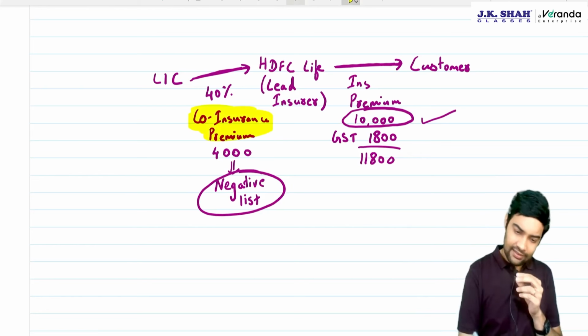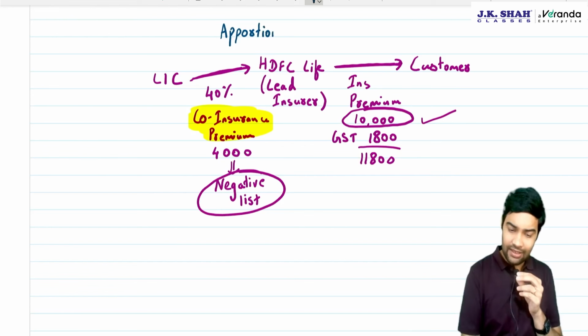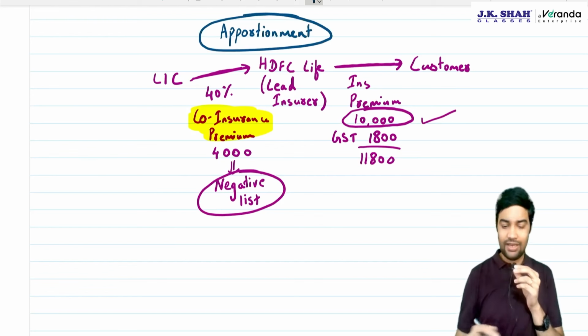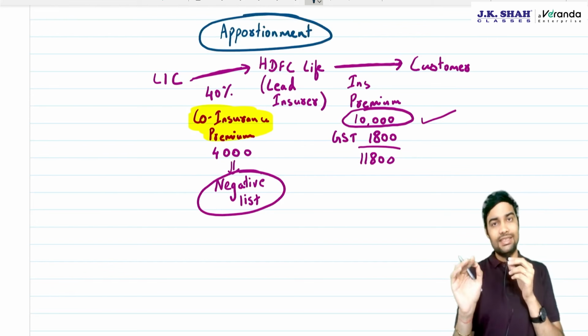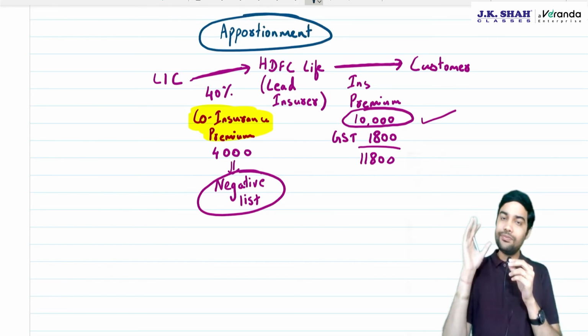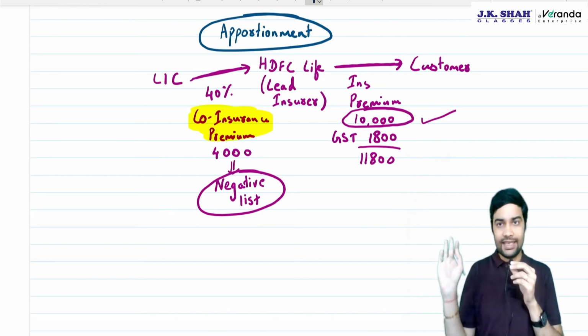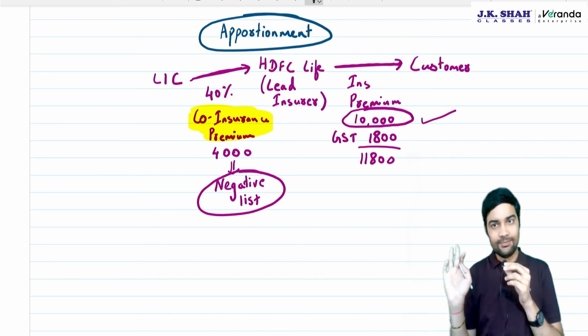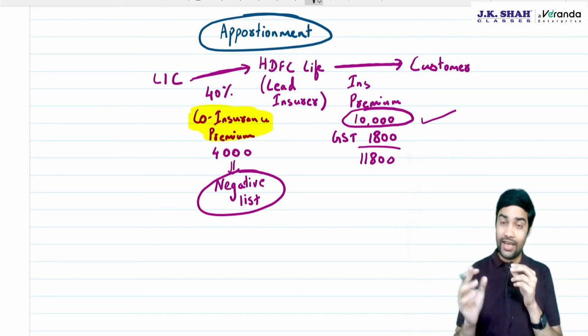Do you agree that co-insurance premium is nothing but apportionment and it was predefined? As it is just apportionment and it is predefined, there will be no GST implication on co-insurance premium and it has been covered in negative list. Clear with this? Yes. Okay.